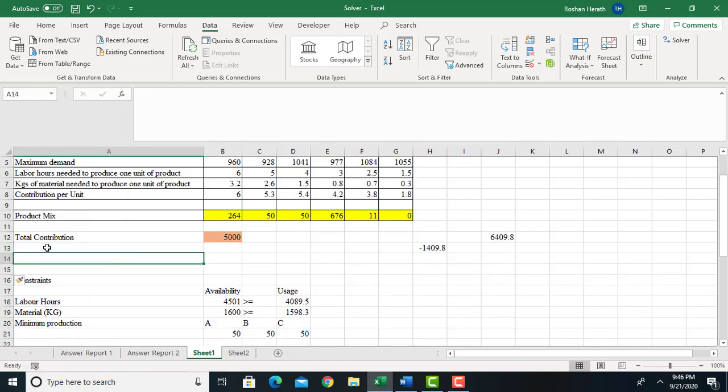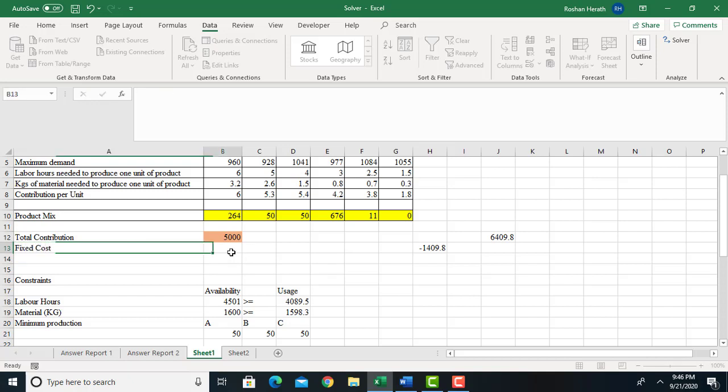So here the total contribution is there. Now we are going to introduce fixed cost. So if you introduce fixed cost, it says that it is 1,500. You know the profit comes once you take this fixed cost deducted from the total contribution. Total contribution is there. You take the fixed cost and there comes the profit.